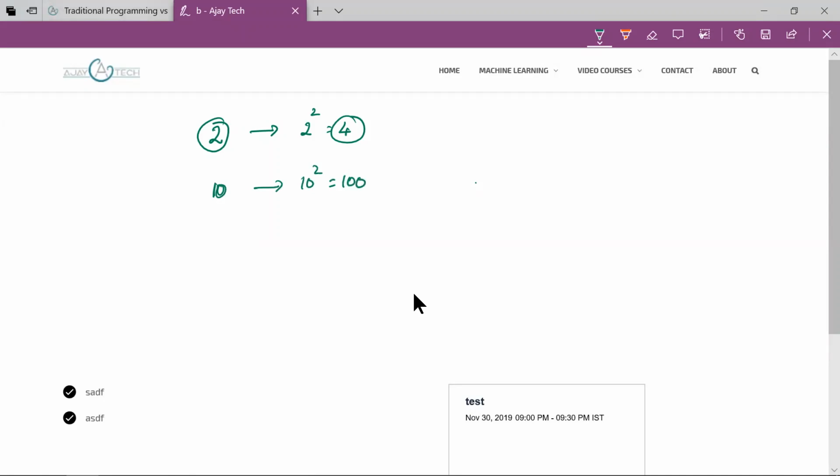For somebody familiar with programming in any language, this is probably a one-liner. But probably in machine learning, this will take 5 or 6 lines. Now it looks like traditional programming is so smart. So this is traditional programming, and this is machine learning programming. But how did you arrive at this result?